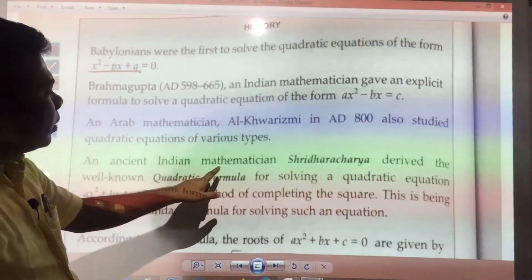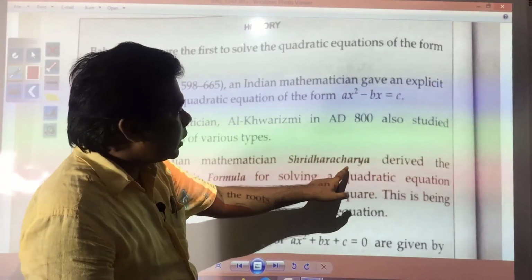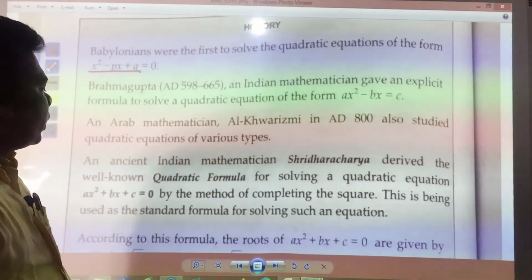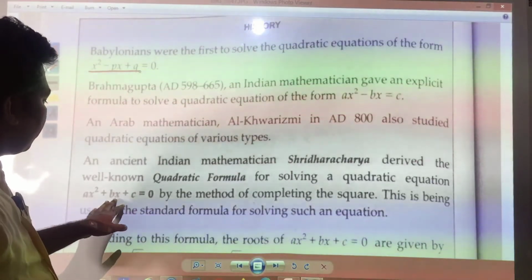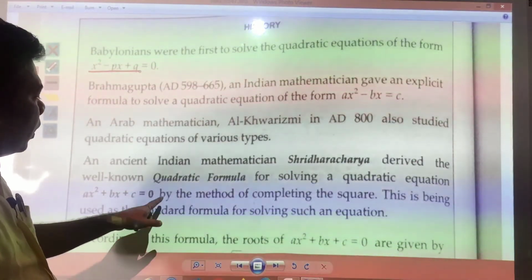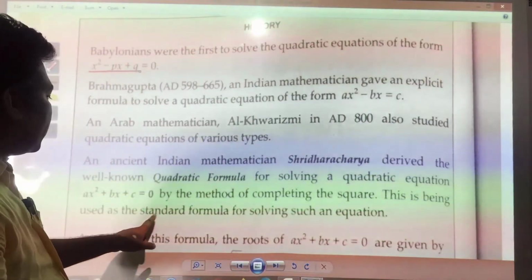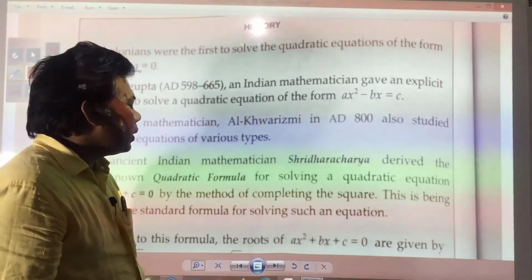An ancient Indian mathematician, Sridhar Acharya, derived the well-known quadratic formula for solving a quadratic equation ax square plus bx plus c is equal to 0 by the method of completing the square. This is being used as the standard formula for solving such an equation.